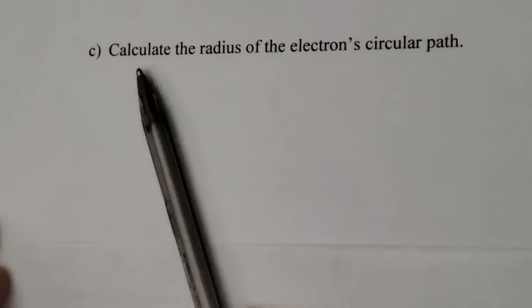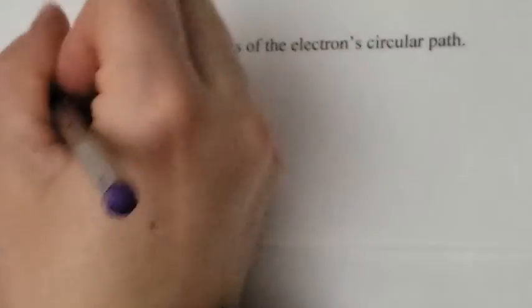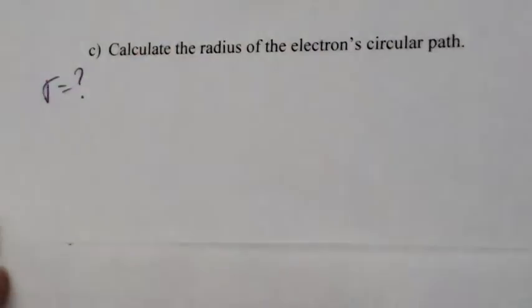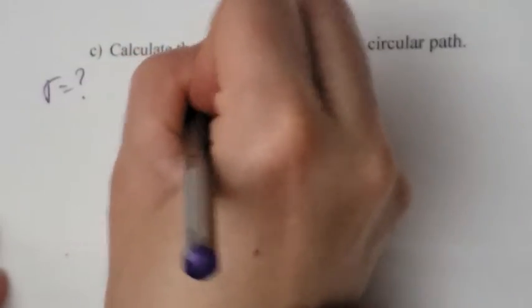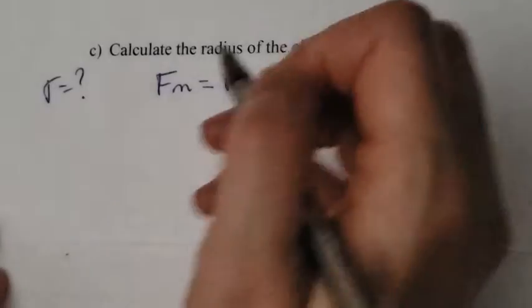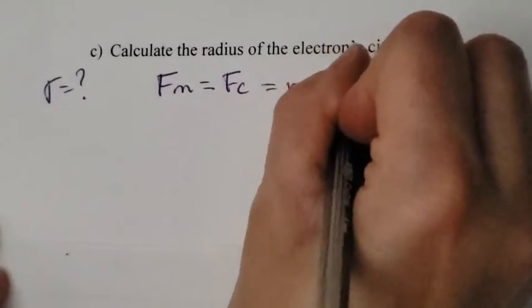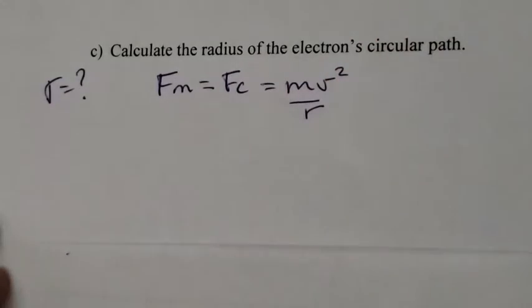C part, it says, calculate the radius of the electron's circular path. So we're looking for R now. Well, the magnetic force is equal to the centripetal force because it's traveling in the circular path. And we know a formula for centripetal force, and that's mv squared over r.